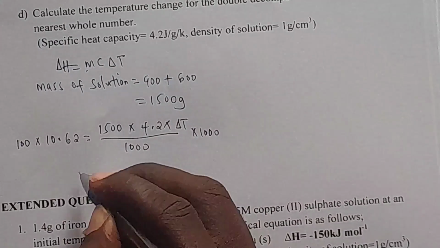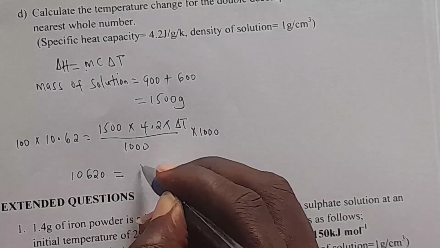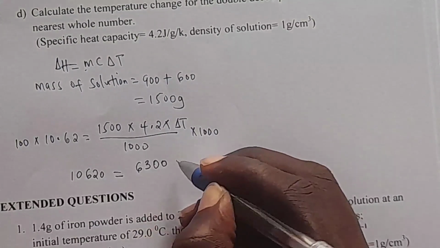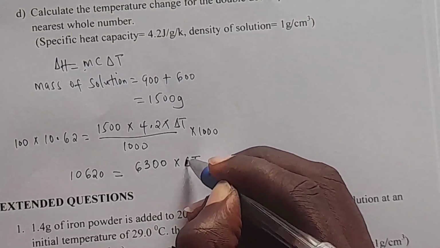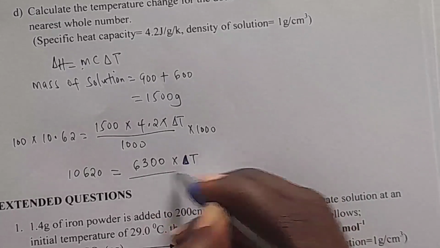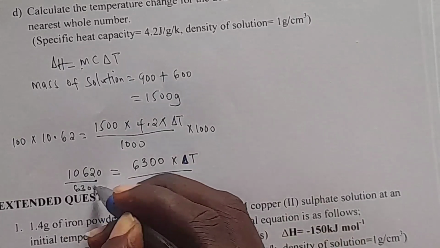So that means we are going to get 10,620, which will be equal to 6300 times delta T, temperature change. So if you want to get temperature change, we are going to divide here by 6300, and here we are going to have 6300.